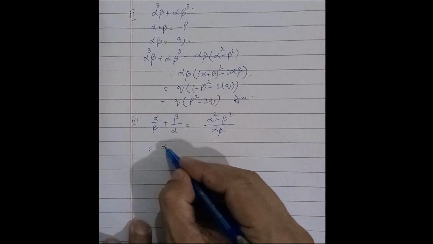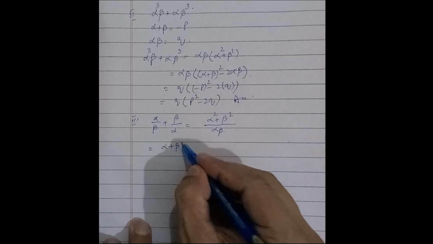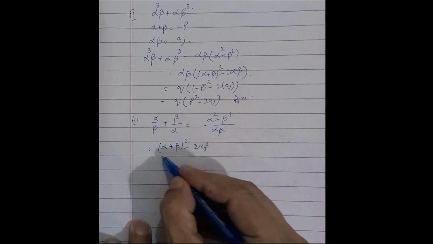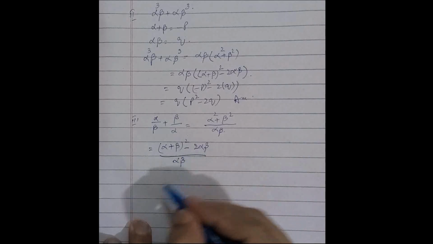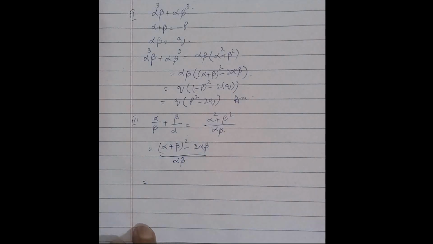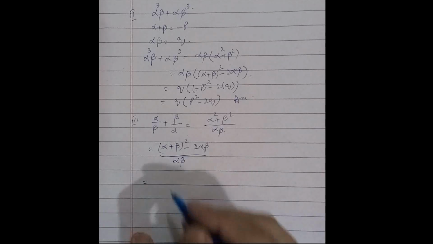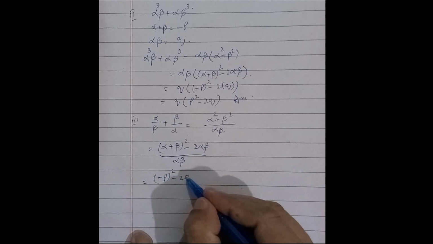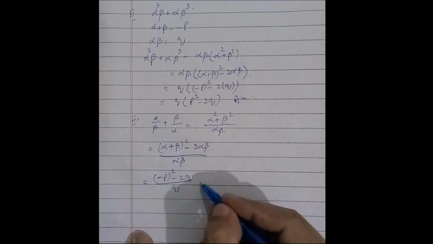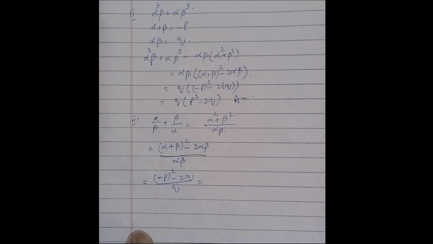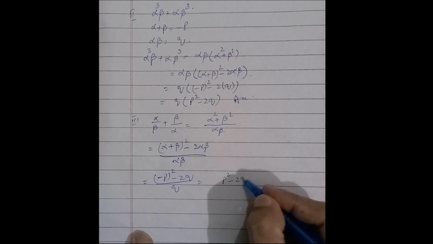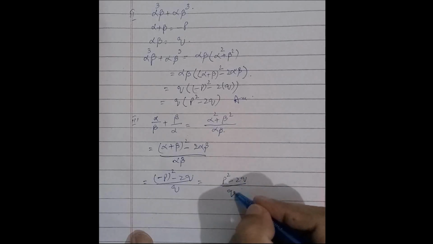This is alpha plus beta whole square minus 2 alpha beta over alpha beta. Now we put the values of alpha plus beta and alpha beta in this equation. We get minus p whole square minus 2q over q. Now we simplify these values. P square minus 2q over q.